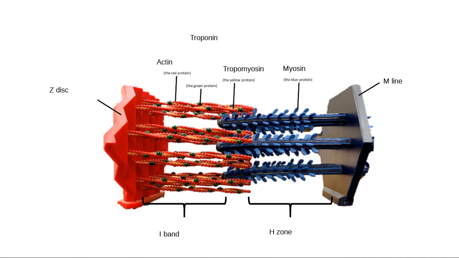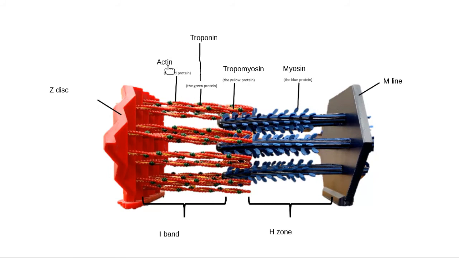Troponin is my green pushpin proteins. Their job is to hold tropomyosin in place. Tropomyosin blocks the places where myosin would normally attach to actin. Because if myosin attaches to actin, I can do muscle contraction.